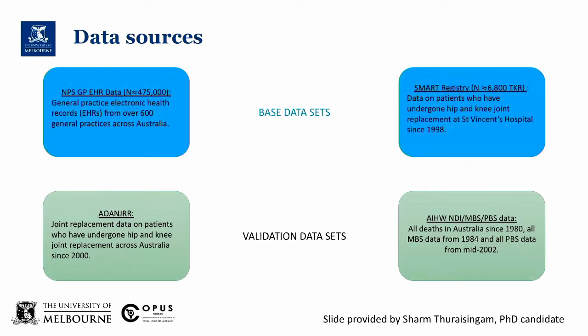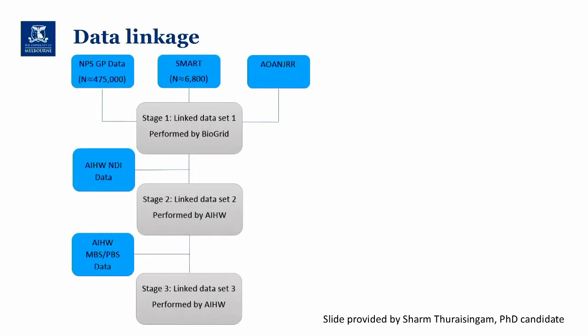So it's fantastic that we're going to be able to link to the joint replacement registry and compare that to the data stored in the GP electronic medical records to see if those joint replacements are being recorded, and also to access MBS, PBS and death index data from AIHW to help with some of our validation. So this is the process that we're going through at the moment, and we're about to get the first linkage for the student to really start working on very shortly.